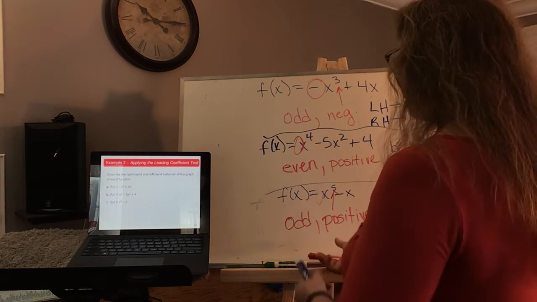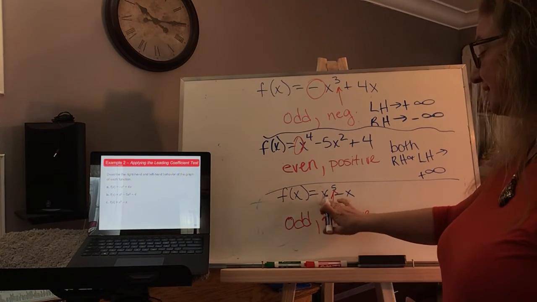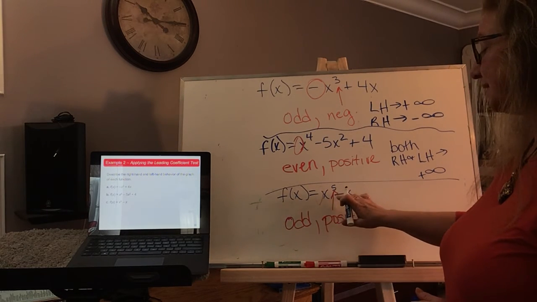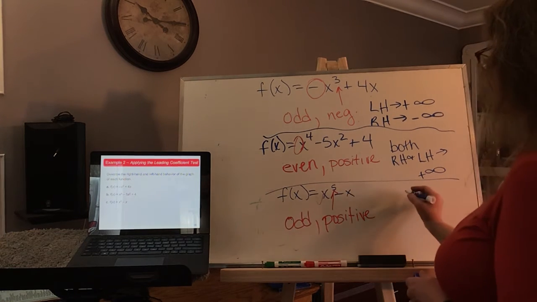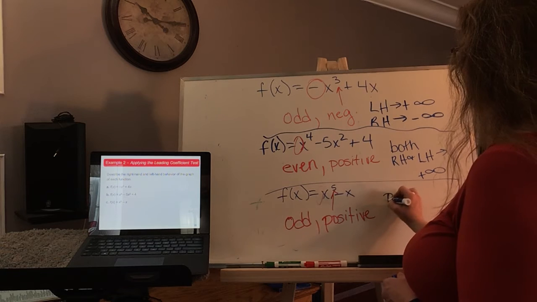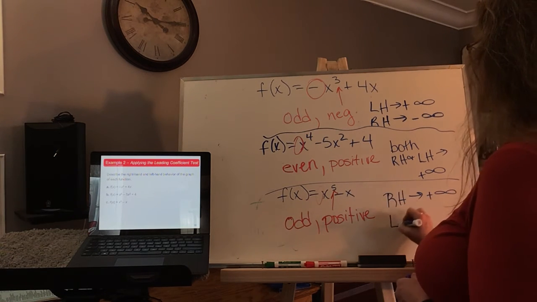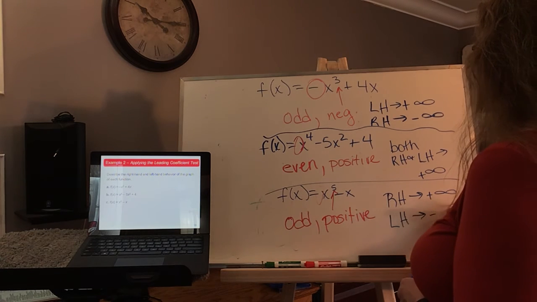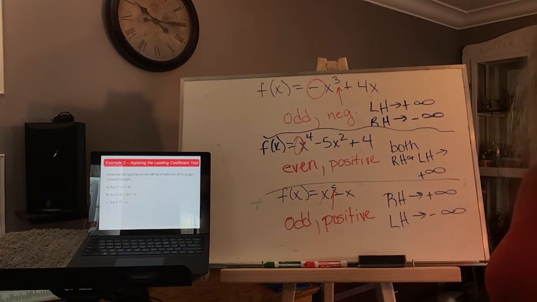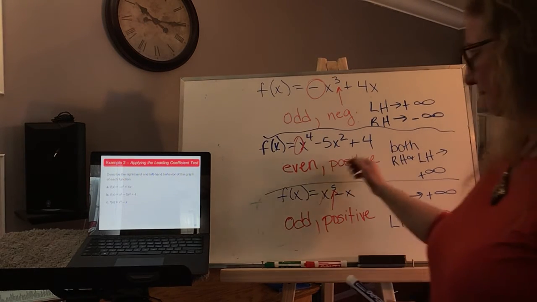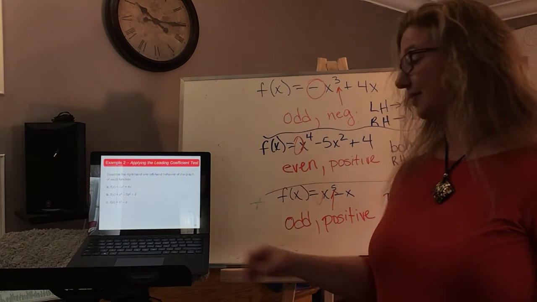So I know that the bigger the x value, the bigger the value of the function, because this x to the 5th is going to get big so much faster than this x that that's really all you have to worry about. So my right hand goes to positive infinity, my left hand goes to negative infinity. Because let's say I put a negative 10,000 in there for that x to the 5th. Wow, it's heading south. That's a pretty big negative number, if I can say it that way.